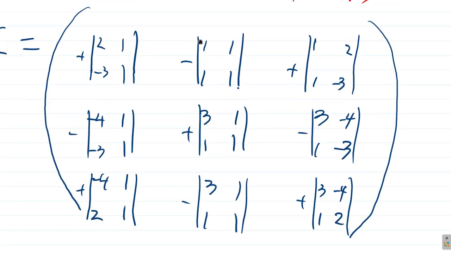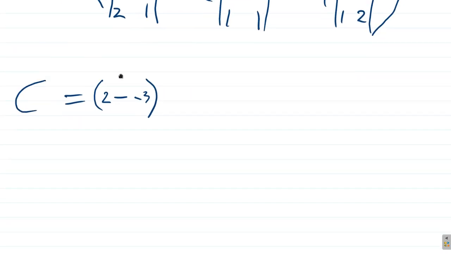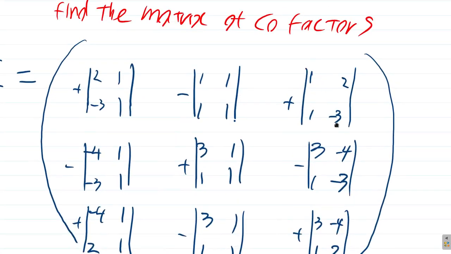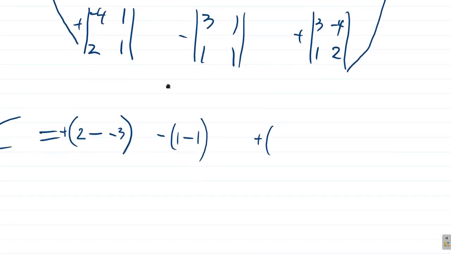There is negative 1 by 1 minus 1 by 1. Negative 1 times 1 is 1, minus 1 by 1 is 1. Then the other is a positive, so I put the plus, minus, plus there. This will be 1 by minus 3, minus 2 by 1. So it's 1 by minus 3, which is minus 3, minus 2 by 1 is 2. Okay.